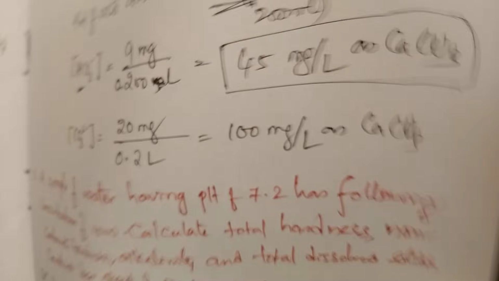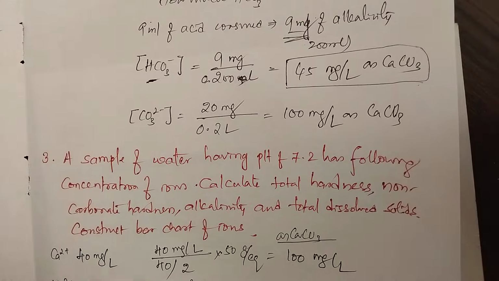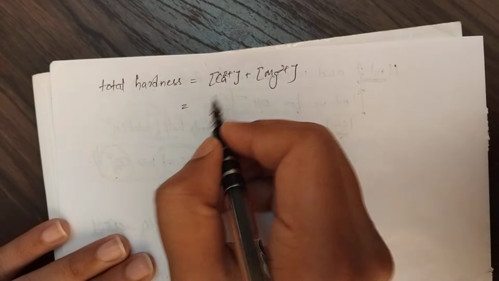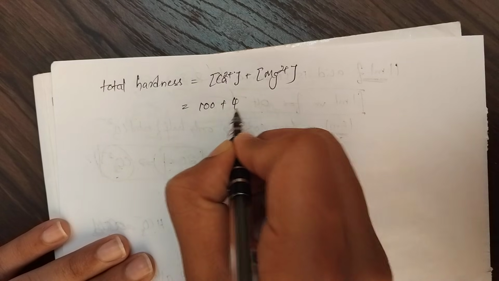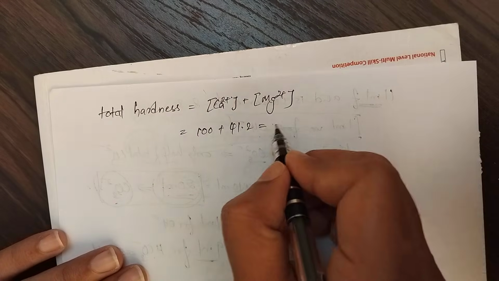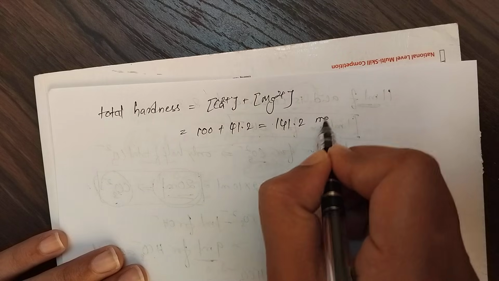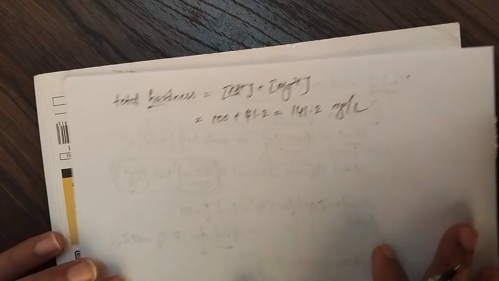Their concentrations are 100 and 41.2, so 100 plus 41.2, which is 141.2 milligram per liter, is the total hardness.